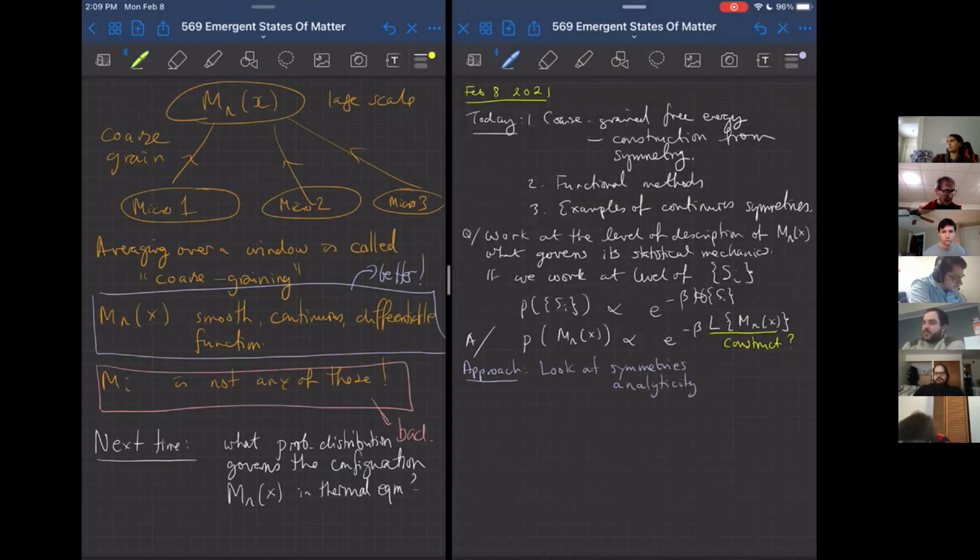I'm going to explain why we do that. And then the other thing that I want to point out is that we know that the equilibrium state of the system is spatially uniform.